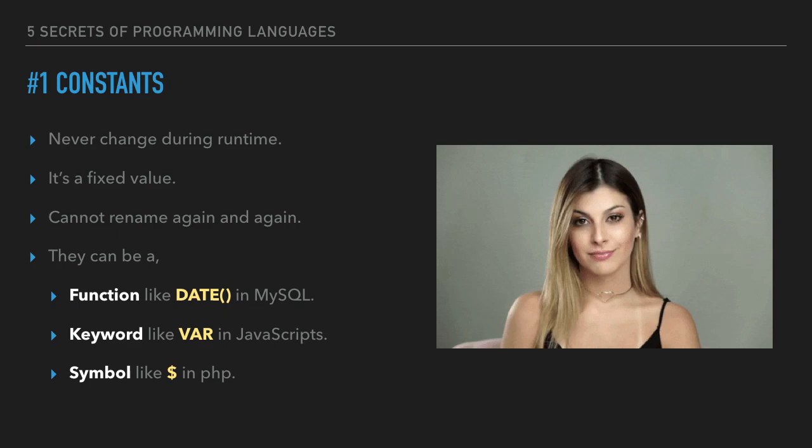And also symbols like the $ sign in PHP, or the hash sign, comma, dot, full stop, the multiply sign, plus sign, minus sign, any symbol can be a constant. It never changes.